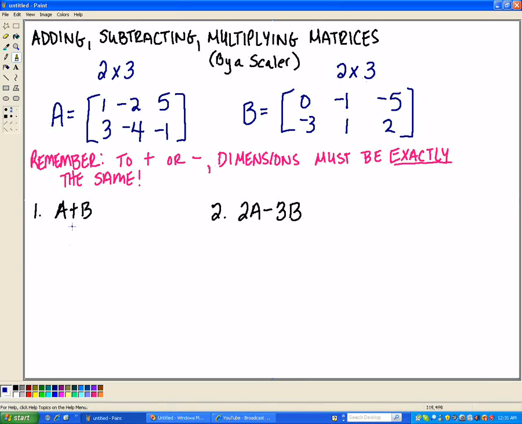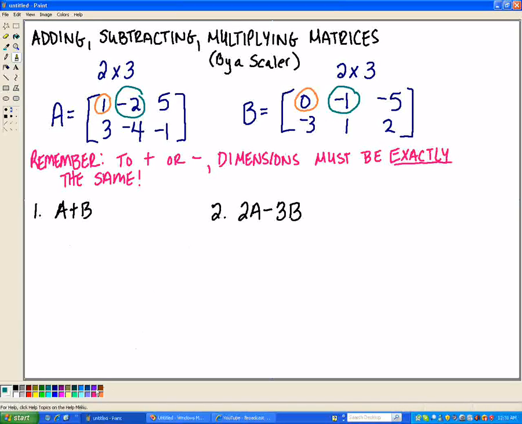All right, so the first thing we're going to do is add the two, and the way that I add matrices is simply by adding each element. So 1 plus 0, and then I move on to the next element, -2 plus -1.